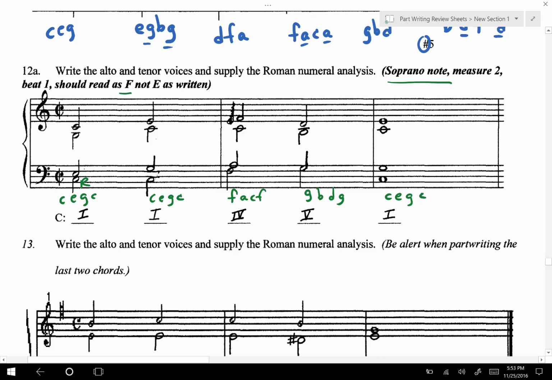Root, third, root, 5th, root, 5th, root, third. Again, the voices are not leaping more than a third in this particular case. It's smooth, and it works.